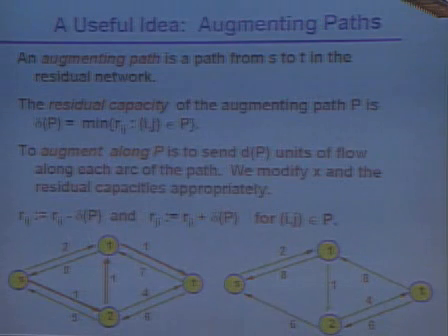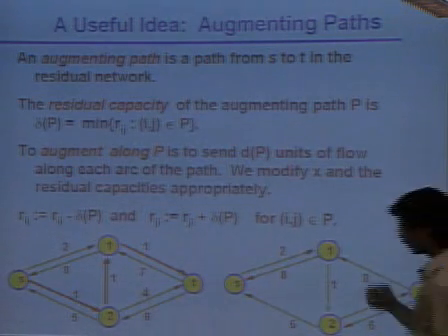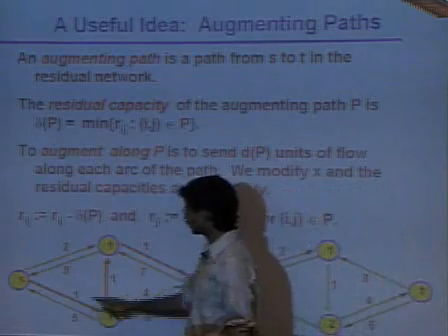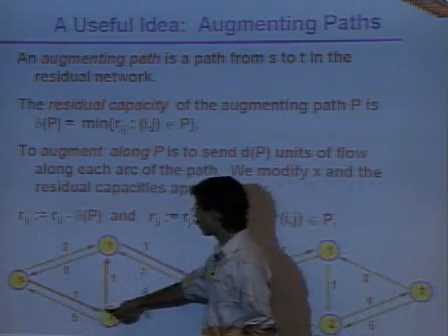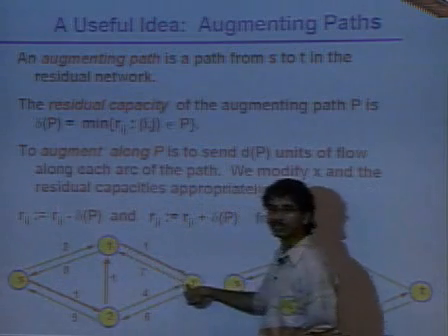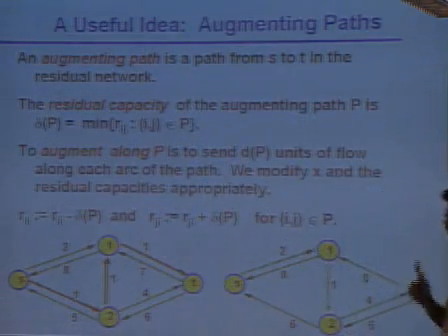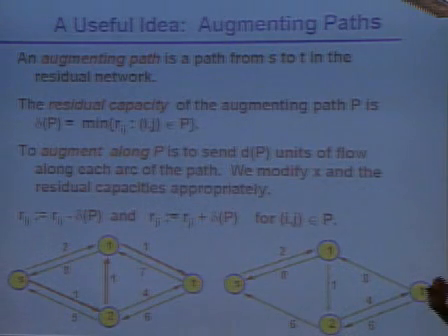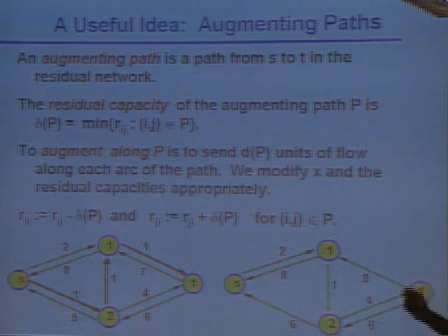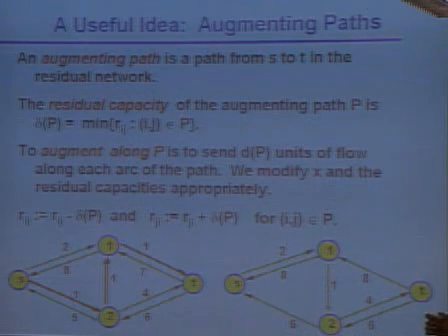Now, what that does to the existing flow is that there's 1 extra unit here, 1 extra unit here, and 1 extra unit here. Now, how will the residual network get modified because of that?